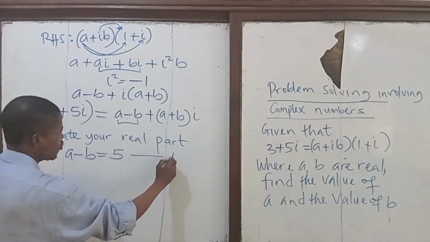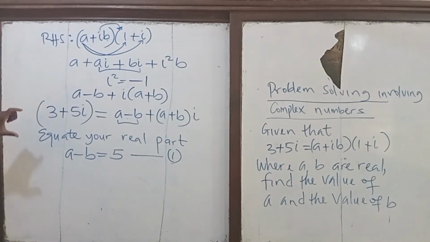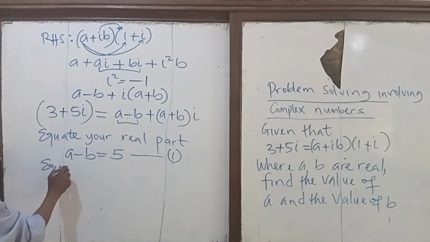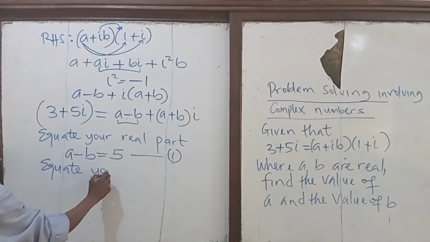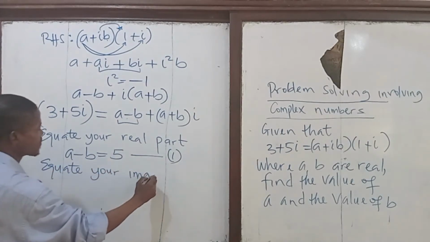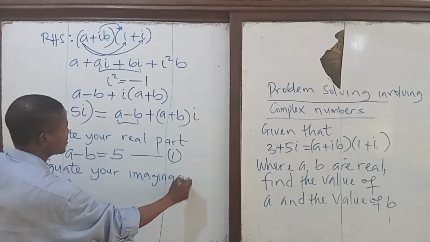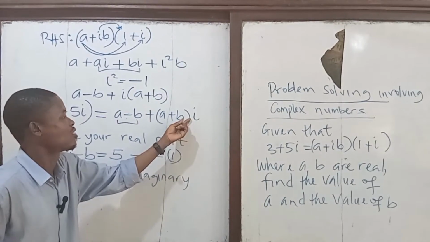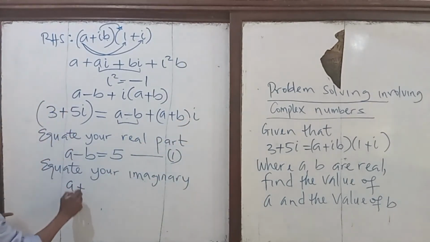Call it equation 1. Then equate the imaginary parts, that is, the attachment to your i, which is a plus b.